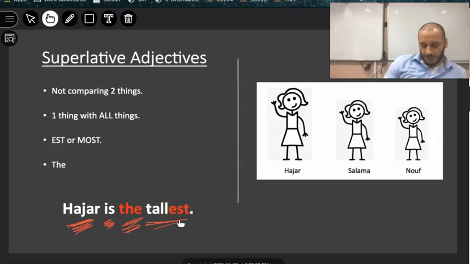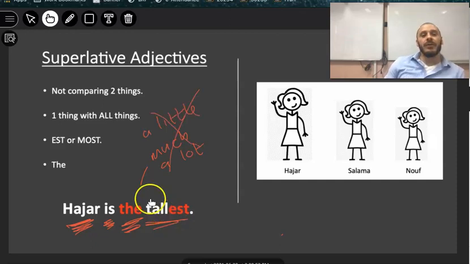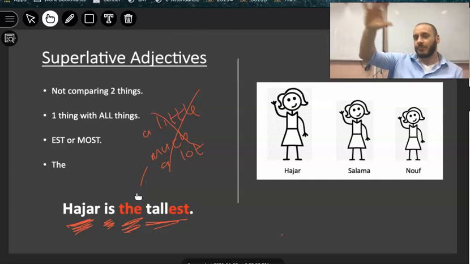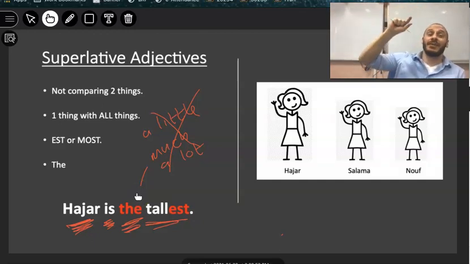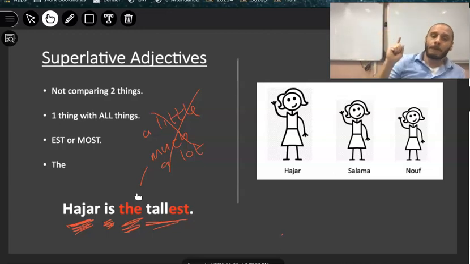For this one, we cannot add these. Okay, we don't say like the much tallest, the a lot tallest. Khalas, that's number one, the tallest. There's no wahid, there's no shway for this.